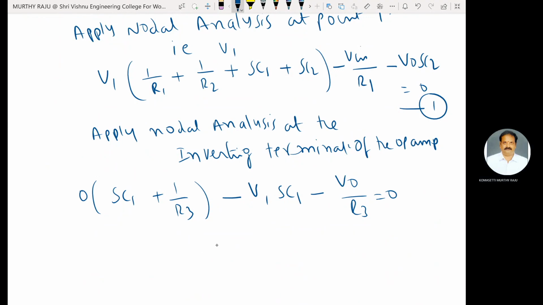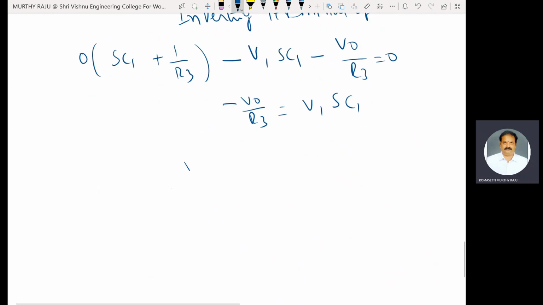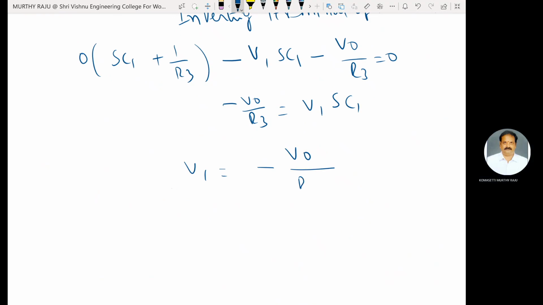Therefore, minus V0 by R3 is equal to V1 SC1. Therefore, V1 is equal to minus V0 by R3 SC1. This is equation number 2.